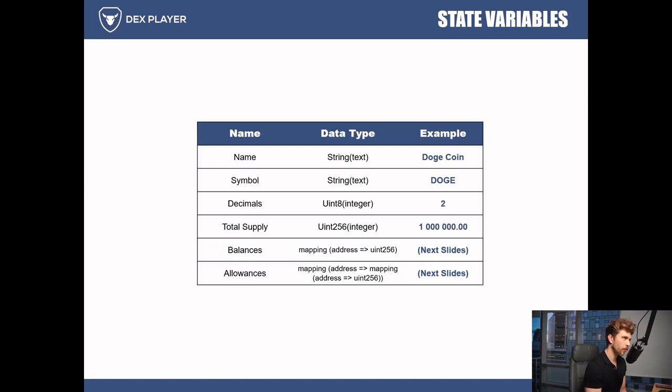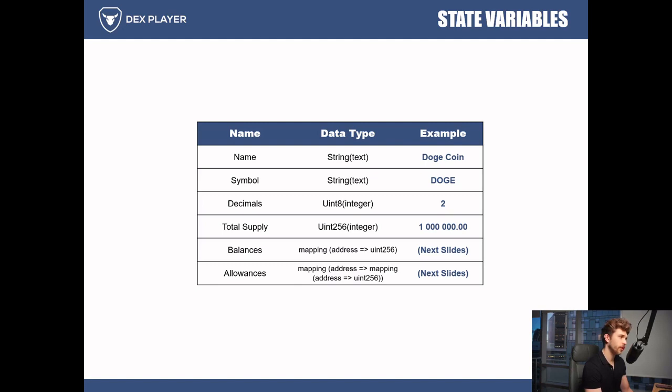So here I want to go over the state variables. The first one we have on the list is name. This is used for representing the name of the token. It's just some text, for example, Dogecoin. The symbol is an abbreviation for the name. In this example, we have DOGE, so it's just some text as well. The next one is decimals, which is an integer, for example, 2.